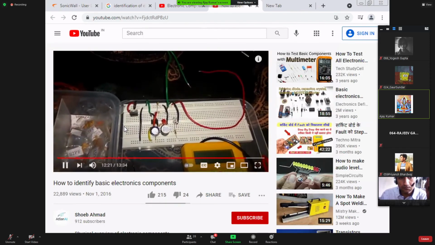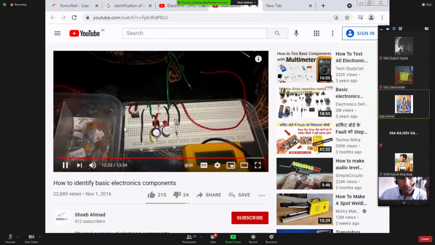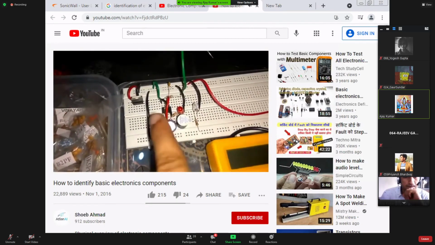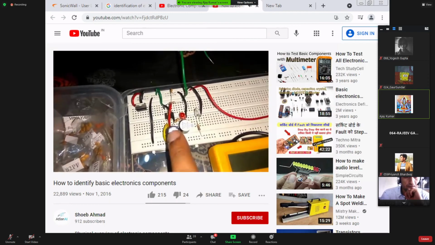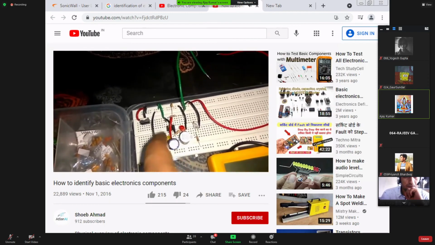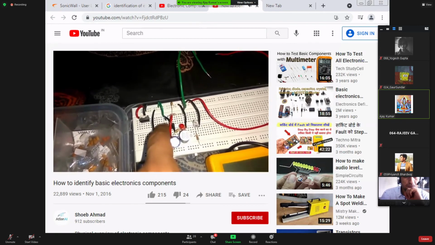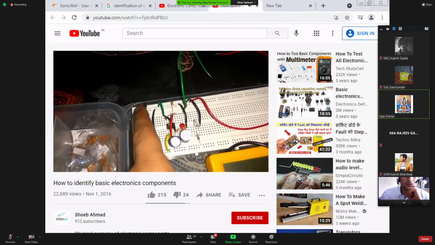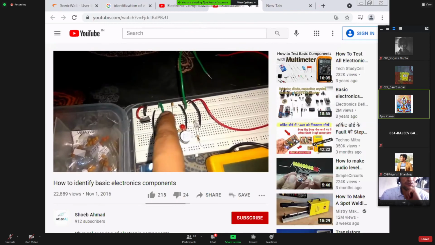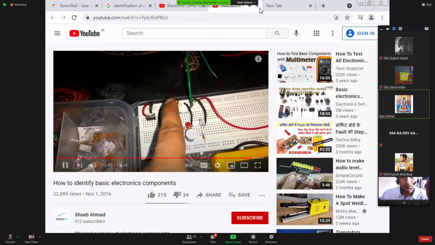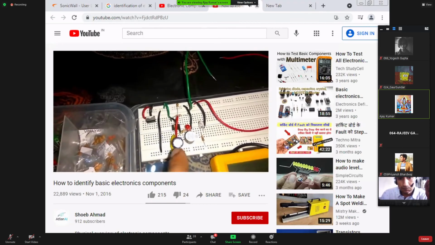It is an automated water filling detector, a type of sensor circuit which is made by electrolytic capacitor, 7805 IC, and this one is a 555 timer, meaning LM555 IC. This is 7805 IC. This is a resistance, this is an LED, and this one is also an LED. Ceramic capacitor, electrolytic capacitor.